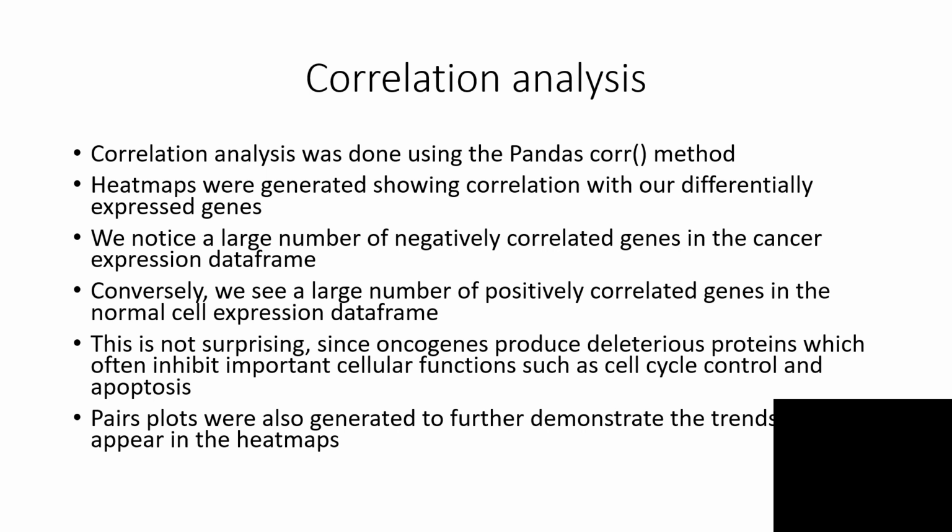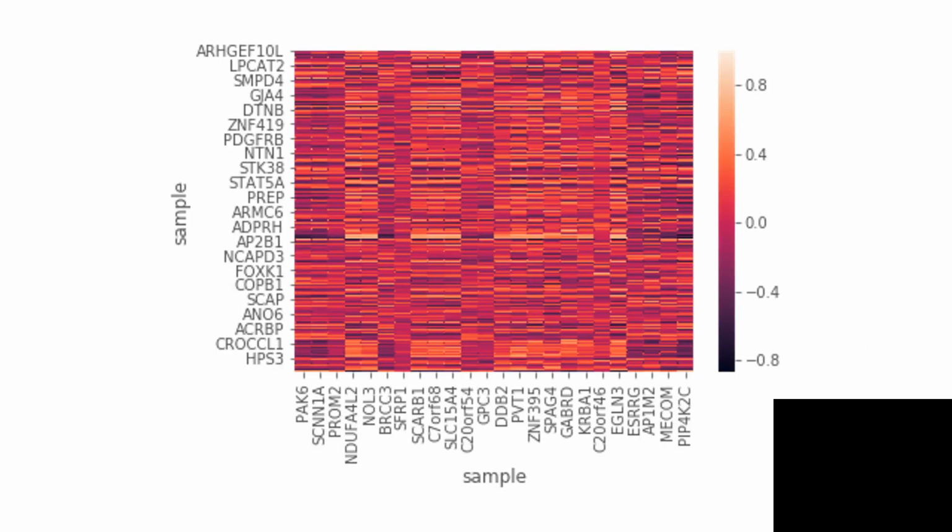There are a number of genes within our genome that can actually promote apoptosis, and it's an important function in many cases, especially where you have deleterious mutations that our DNA repair machinery was unable to repair. And then finally, I generate pairs plots just to highlight the trends which appear in our heat maps.